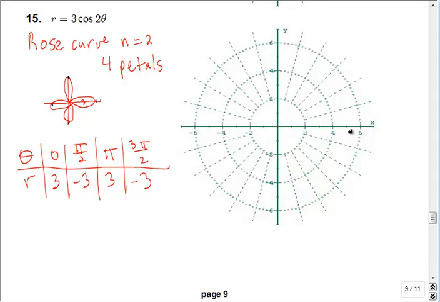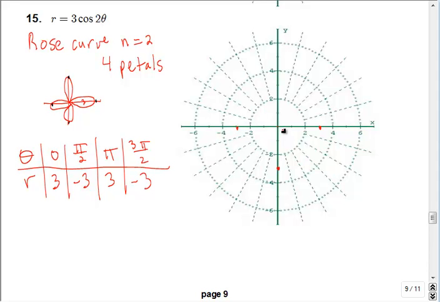So now when I plot these points, we're going to start along 0, the angle 0 is that positive x-axis, and I'm going to go out a distance of 3. Then we go to pi over 2, which would actually be the positive y-axis, but I need to go at an r of -3, which flips me down over to here. And then I go to pi, which is going to be over here, at a distance of 3.